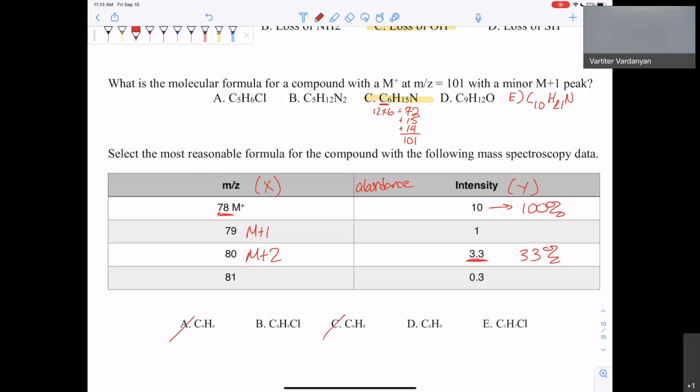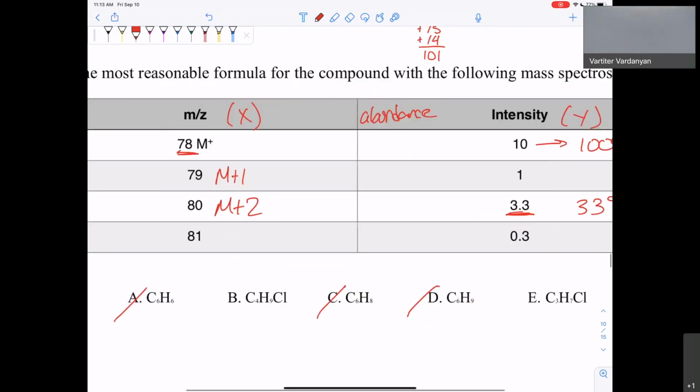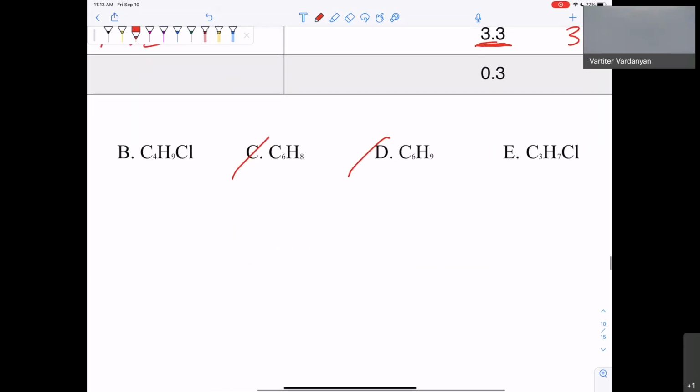A, C, D. Now between these two, what do we have to do to find the answer? You have to add the mass. So 4 times 12 plus 9 plus, how much is chlorine? 35, yeah. Quick math.